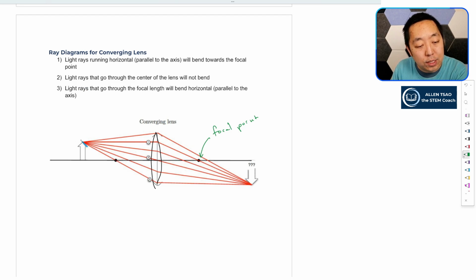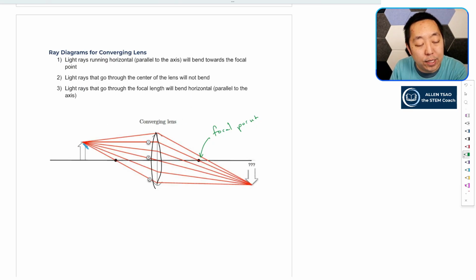Light rays that go through the center of the lens will go unchanged. In a mirror it reflected backwards, but here it just passes through without any change in the angle. Because again, it's based on the shape. It's not like any curved piece of glass is going to have a focal point. We've shaped the curve in such a way that the light rays bend following these rules.